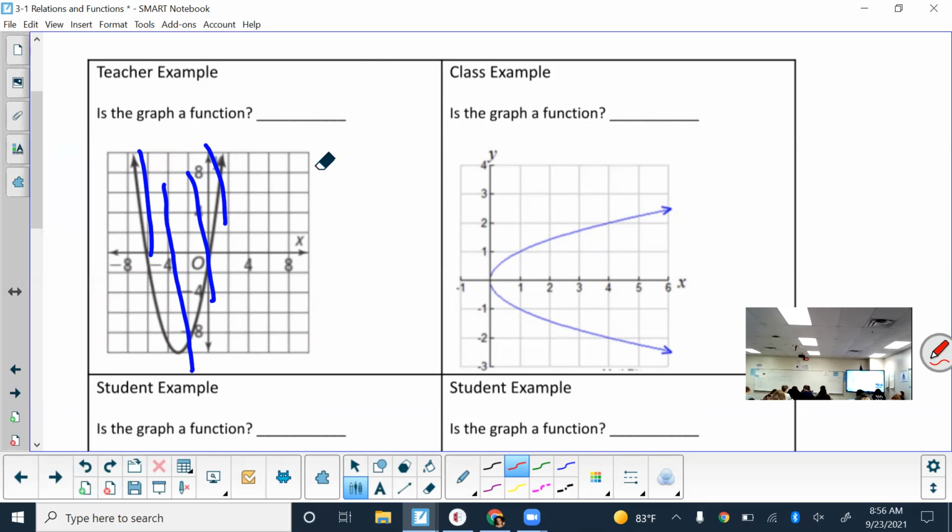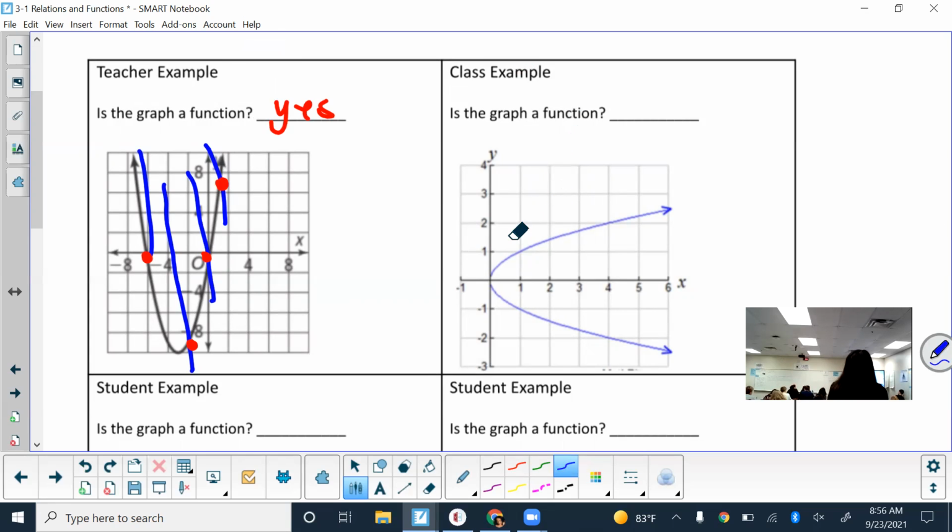So it touches this vertical line here, touches this vertical line here. Is there anywhere that I could draw a vertical line on this graph where it touches 2 points on the same line? So then is this a function? Yes, it passes the vertical line test.